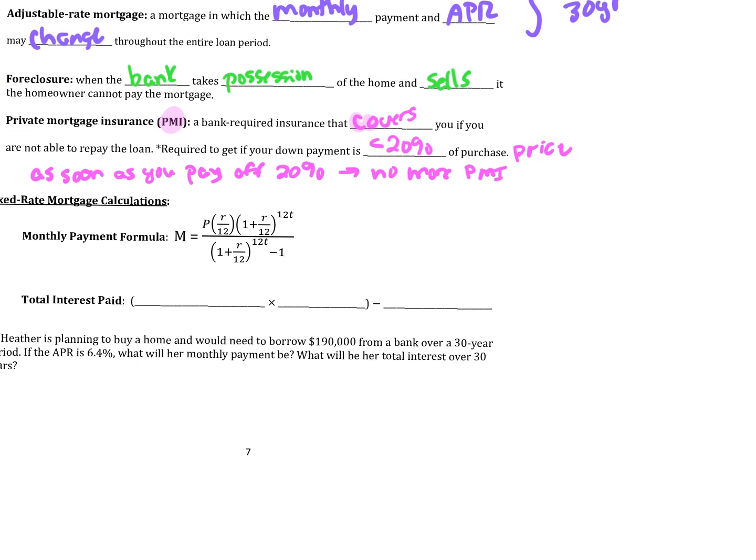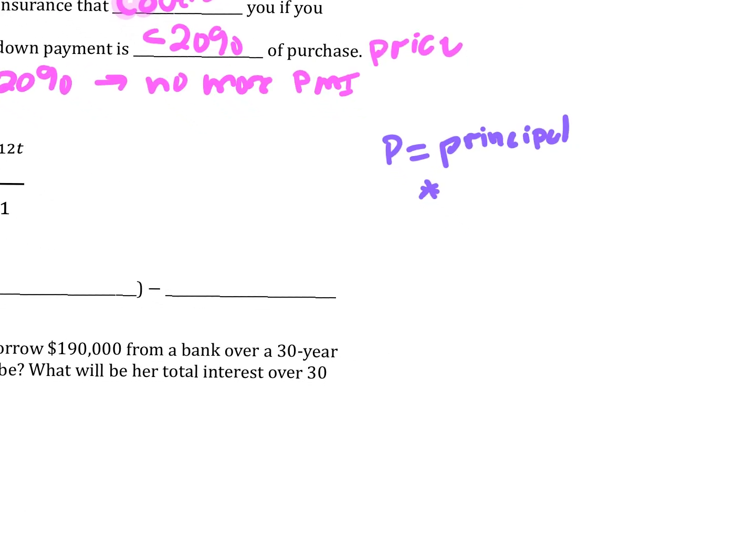All right, P, remember, is our principal. In other words, the amount that's borrowed. Remember, I'm going to put a little note here. Take out down payment first. So if you've paid a down payment on the house, then that's money you've already paid.